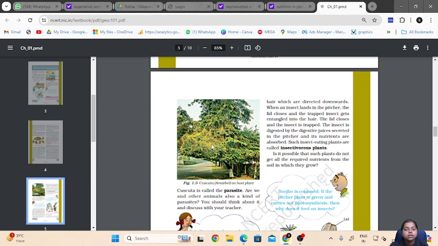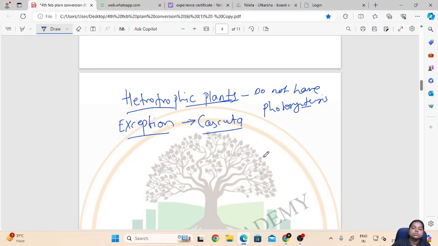It is called cuscuta, and it is also called amarbel. Now, what does this cuscuta do? It climbs on any tree, and it takes all the nutrients from the plant.